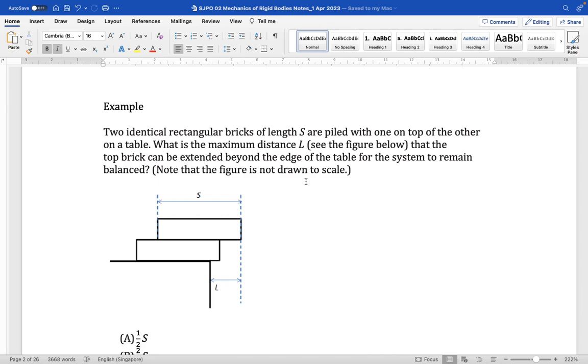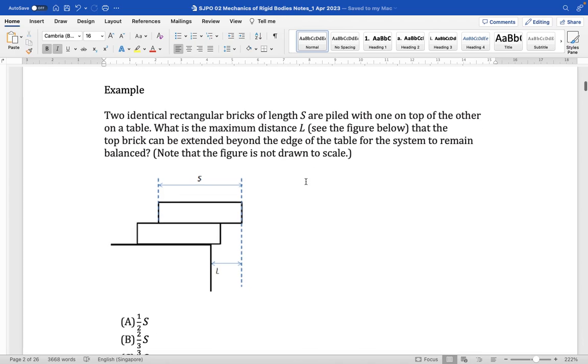Now let us look at one example. We are looking at two rectangular bricks of the same size placed on each other, and they are resting on a table. We want to prevent them from falling over. So we want to see how far we can push the top brick such that the entire system is still stable and balanced.